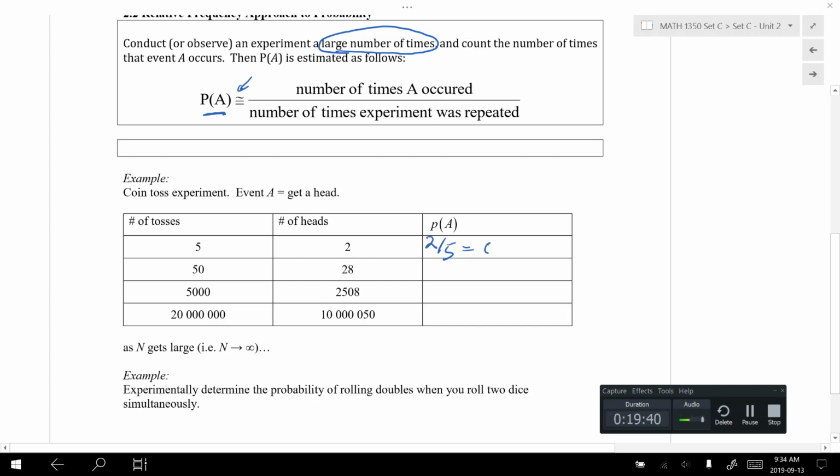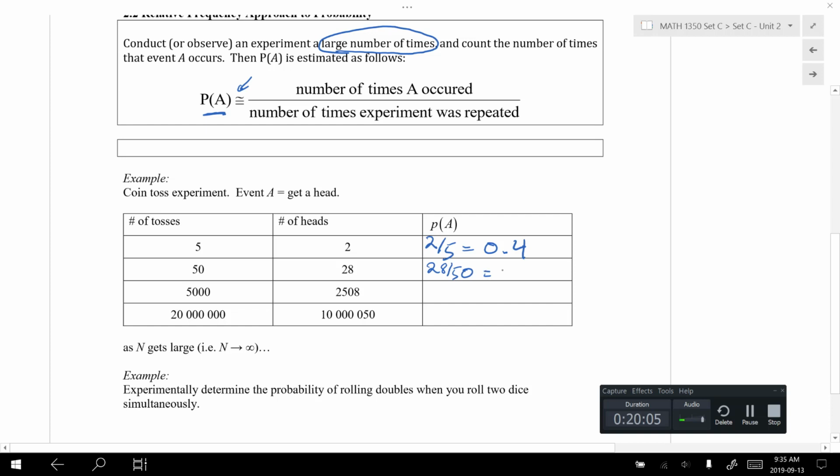That's something like 0.4. Now we know that the probability here is supposed to be 50%. Of course, the problem is we only conducted 5 experiments. That's not really a large number of times. But you could imagine that maybe I don't have a lot going on. I toss the coin 50 times, comes up 28 times heads. That's getting a little bit better, it seems.